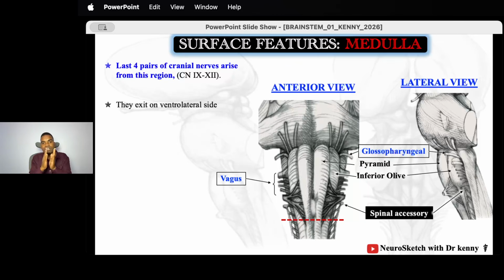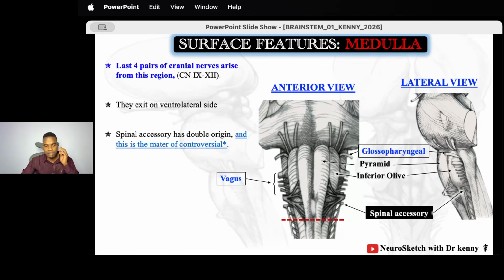This single nerve exits the cranial cavity through the jugular foramen, going to supply the trapezius and the sternocleidomastoid muscle on the ipsilateral side. That is cranial nerve number 11. You should always remember that it has a double origin, and of course sometimes this is a matter of controversy. Some people state otherwise.